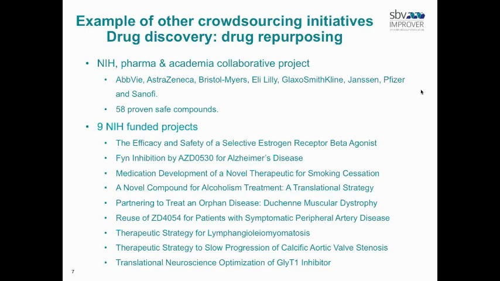So these compounds were given to NIH, and NIH devised a challenge where academic scientists could apply for a grant to conduct research, preclinical or even a clinical trial, to test these compounds for different indications. Right now there are 9 NIH-funded projects for these safe compounds that could probably result in some new drugs, some new choices for some rare disease.